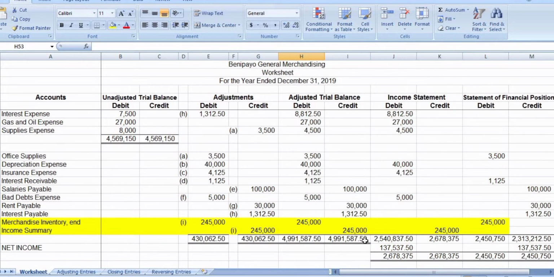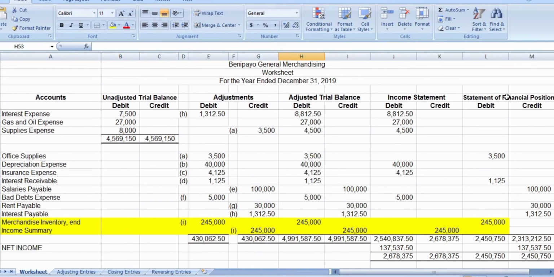After forwarding each amount under the adjusted trial balance columns to the appropriate income statement or statement of financial position columns, the next thing to do is to get the total of each of the last 4 money columns. But this time around, the total debit and the total credit of the income statement columns must not be equal.